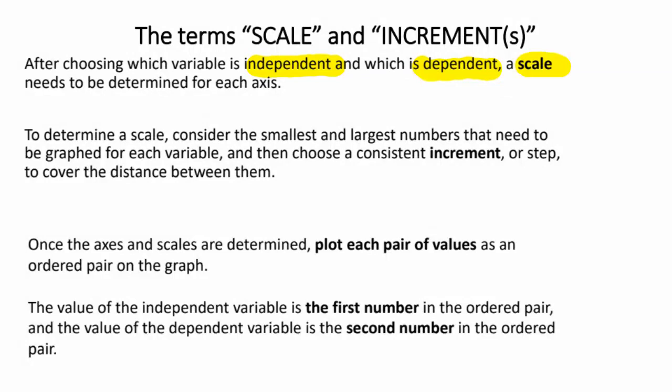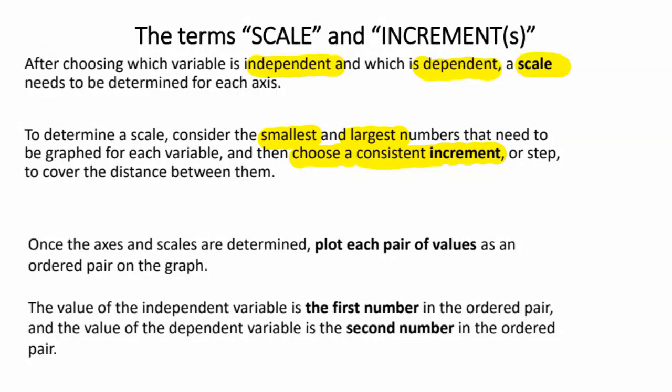Now, we've talked about the scale before. Remember, they have got to be equally separated. And to scale, you're going to consider the smallest to the largest. And then you're going to choose a consistent increment.